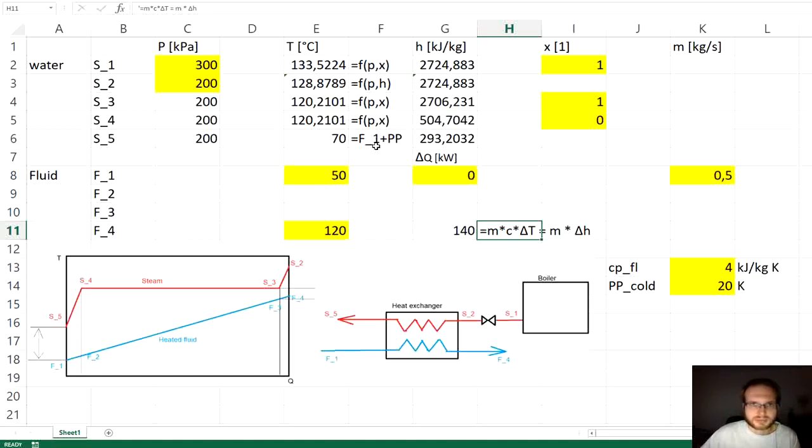So we have the enthalpy at the inlet, enthalpy at the outlet, we have the transferred heat, the Q, or correctly Q dot, and of course M dot.